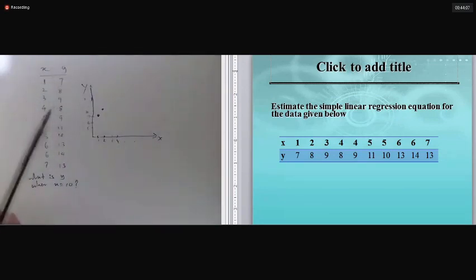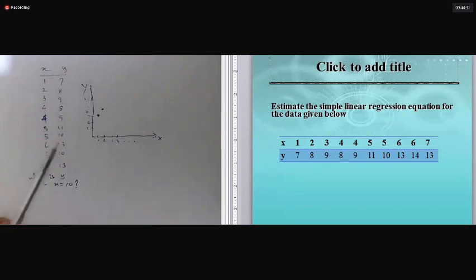Now these are historical values. So we have x values from 1 to 7, and there are corresponding y values also. Then somebody asked this question, what is y when x is 10? We should be able to answer this question based on these values. So that is why we need regression analysis here.